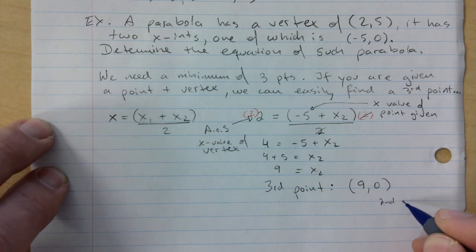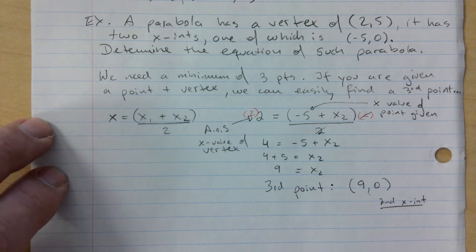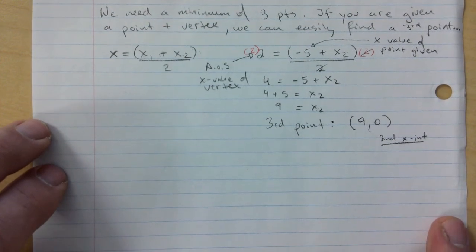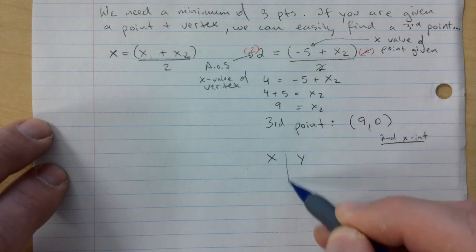Second x-intercept, that is. But in total, I have 3 points now.